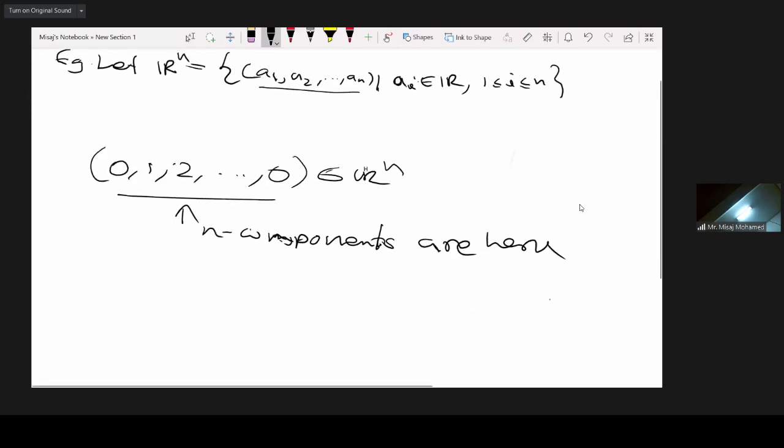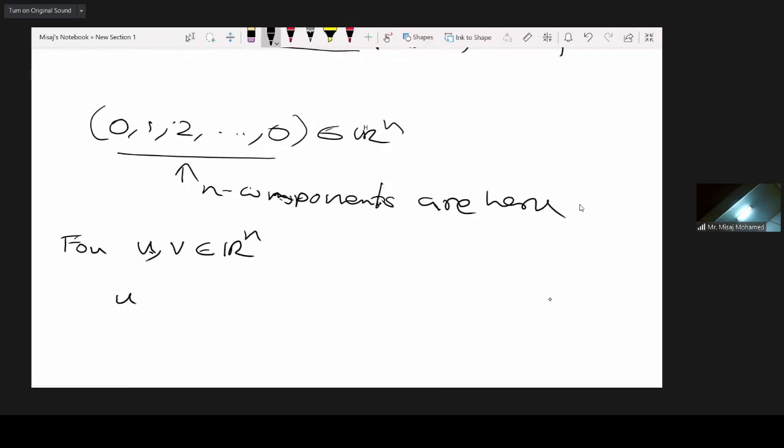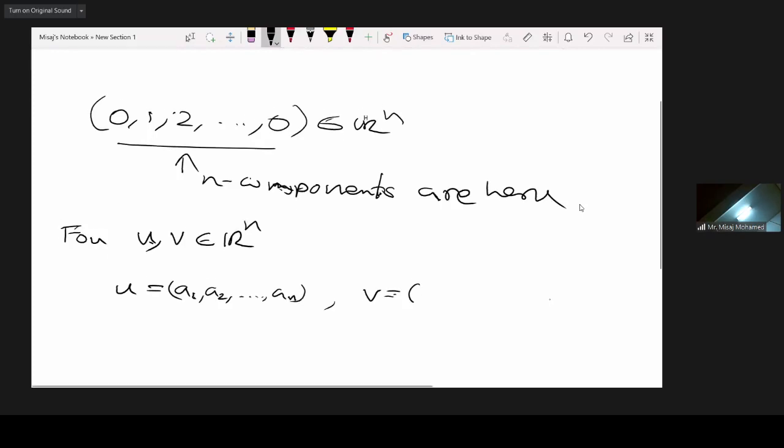For any u, v in Rn, two elements, where u is in the form a1, a2 up to an, how can we take v as another element? So tell me.